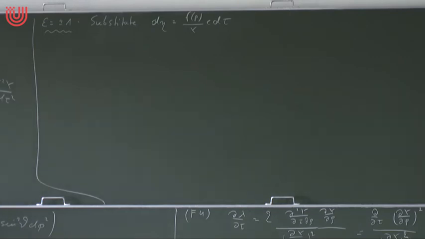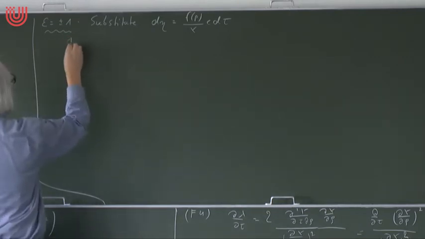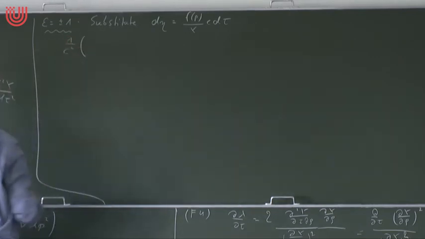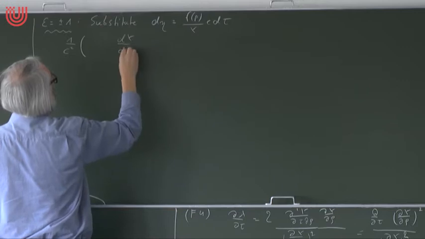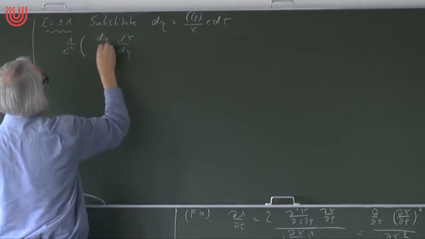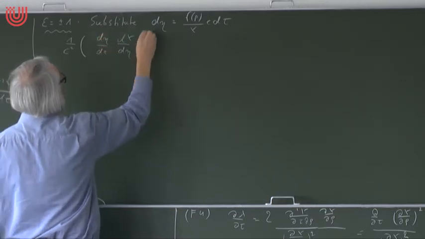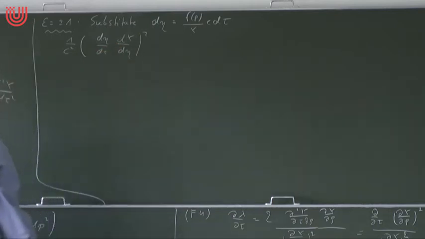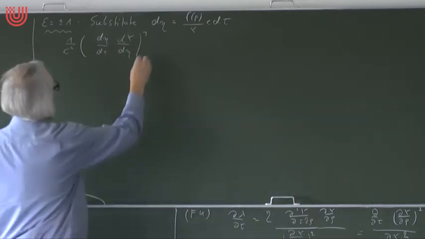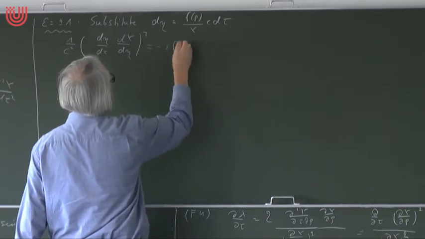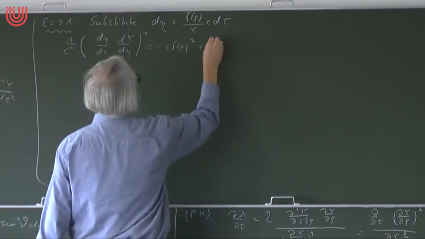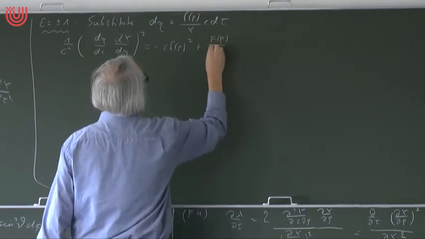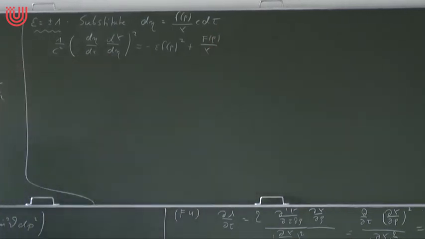So I insert this into this expression here, 1 over c squared, dy by d tau squared. Dy by d tau is dy by d eta times d eta by d tau. And the right hand side is what it was, plus f of rho divided by y.